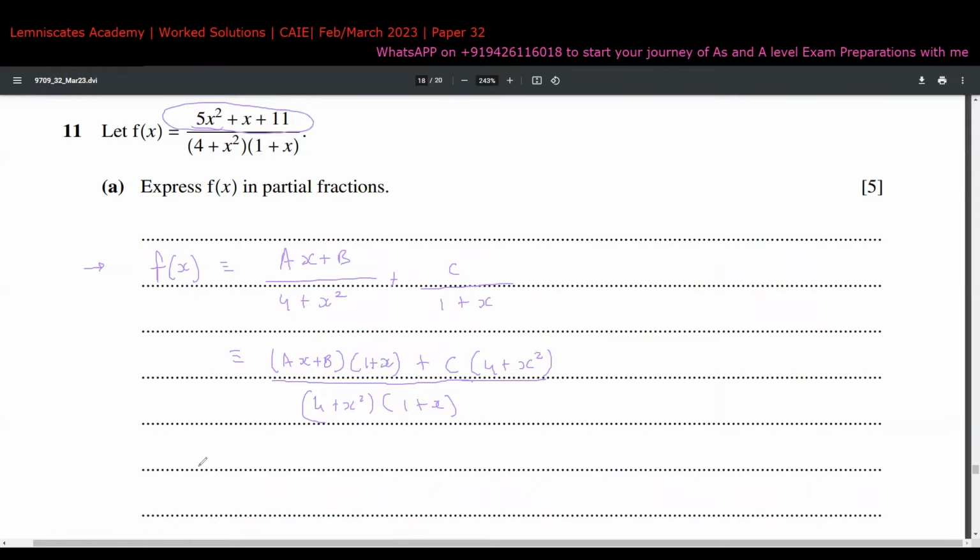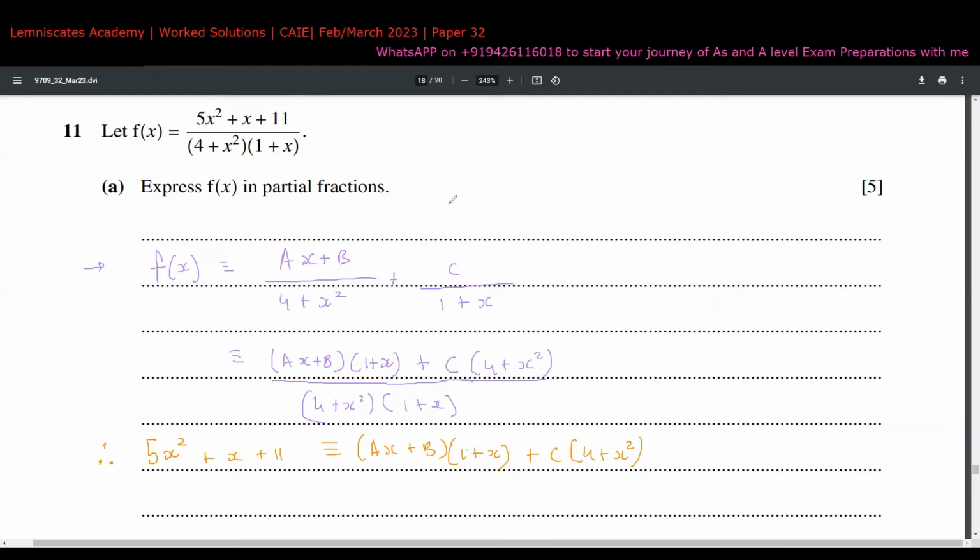Therefore, 5x square plus x plus 11 can be compared with this: ax plus b times 1 plus x, plus c times 4 plus x squared. Now we can just compare the coefficients of x square, x, and the constant to find out the values of a, b, and c. So how can we do that?